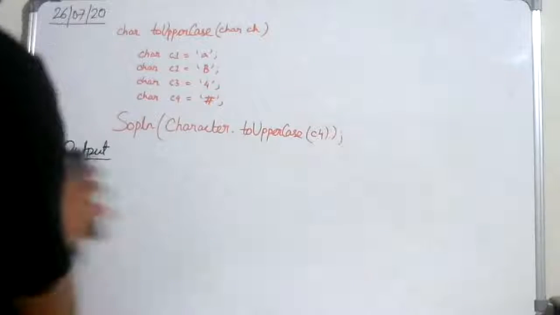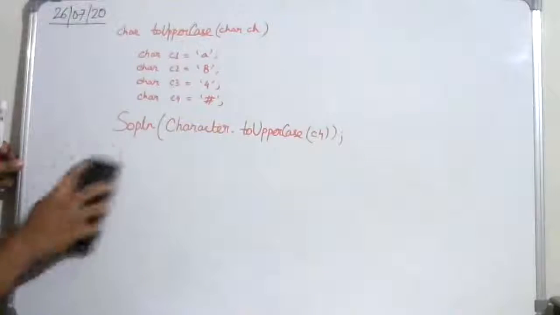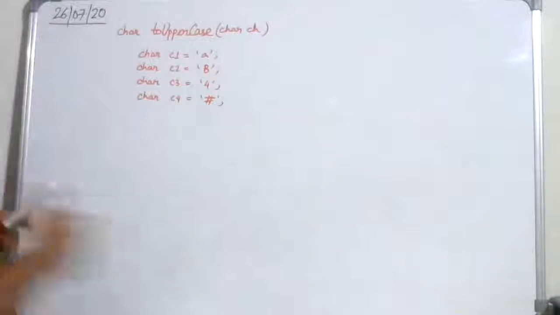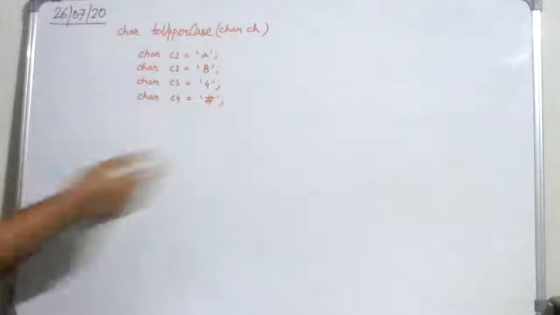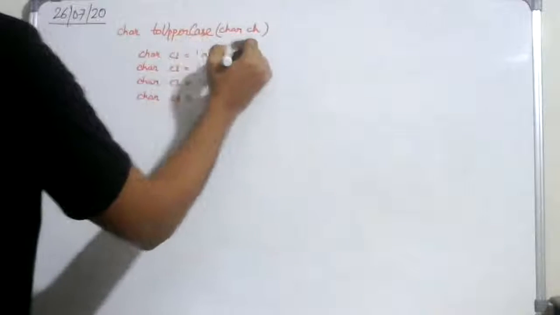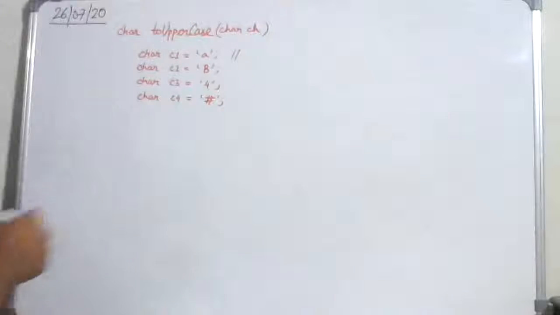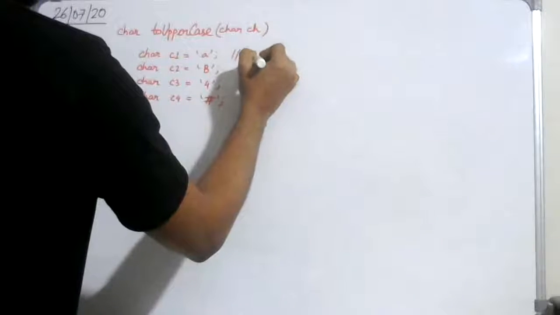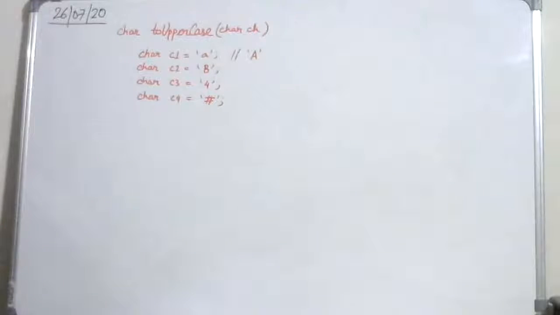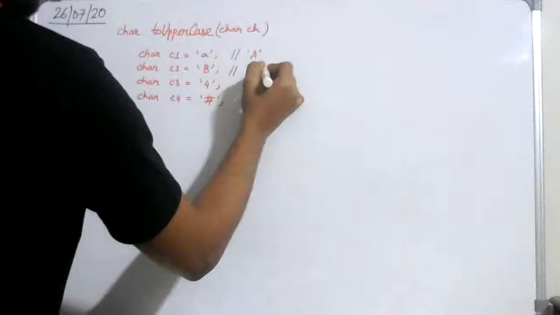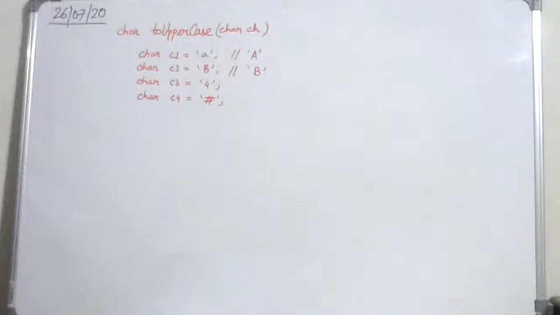So let me write it down here. I'm calling toUpperCase. I hope you remember the syntax of calling this function, so that remains the same. I'm writing the outputs as comment lines beside the definition of each variable. So this will return capital A. This value will remain the same since it is already in uppercase.